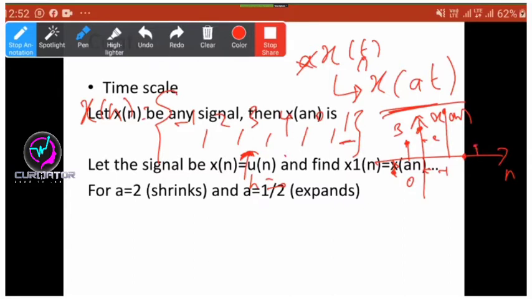Now let us consider x of 2n. I time scaled x of n with scaling factor 2. Now let me check its graph. I will write it as a model first.